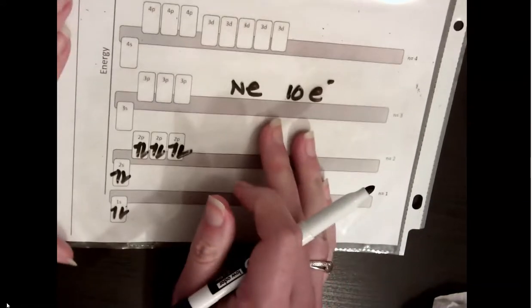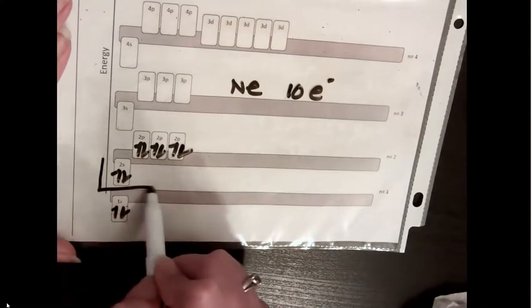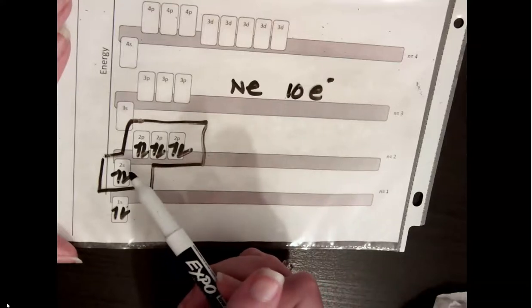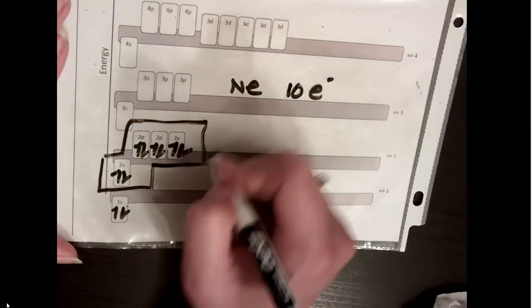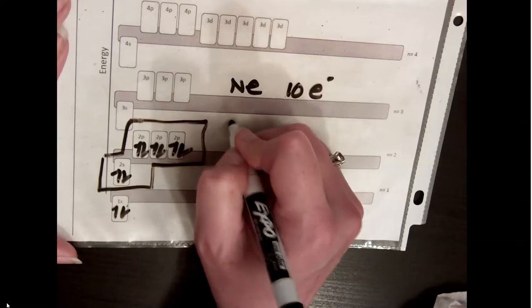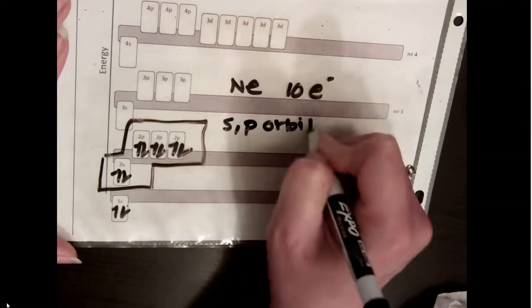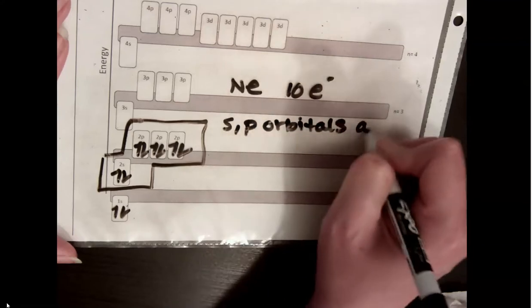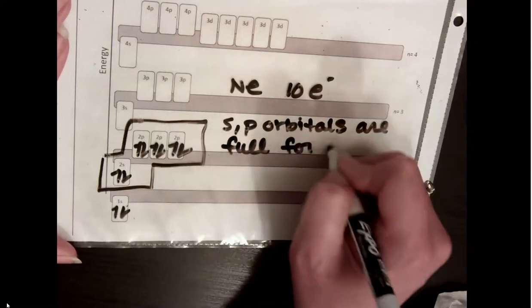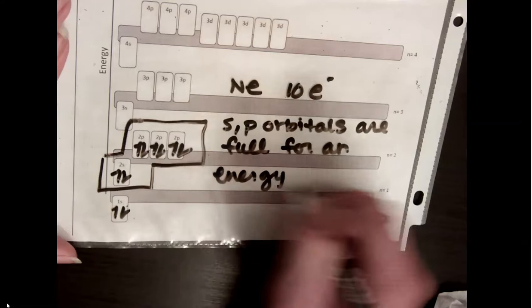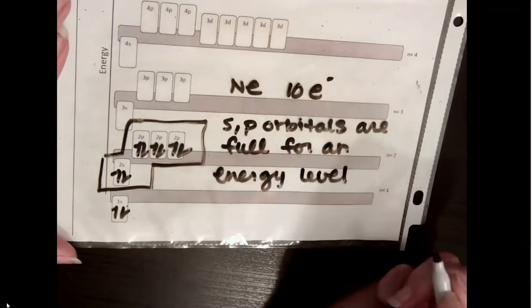And what you should notice here is that the entire second energy level is full. When the S and P orbitals are full for an energy level, it's extra stable.